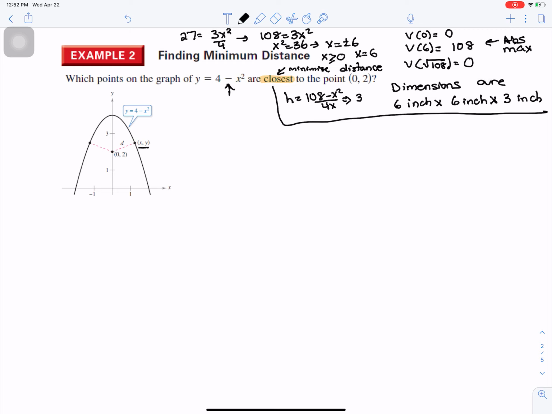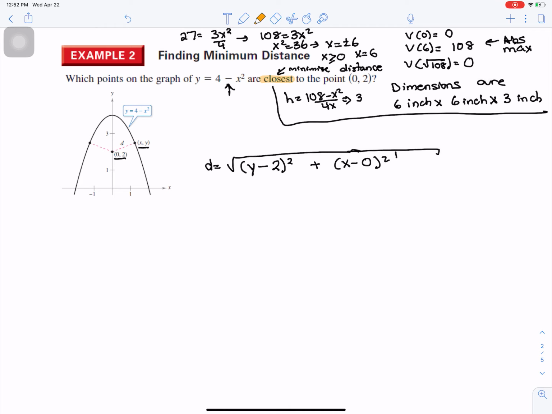And what we do in this example is we want to set up a distance formula between the point x, y and the point (0, 2). So from grade 10, you know that the distance between 2 points is the difference of the y coordinates squared plus the difference of the x coordinates squared.